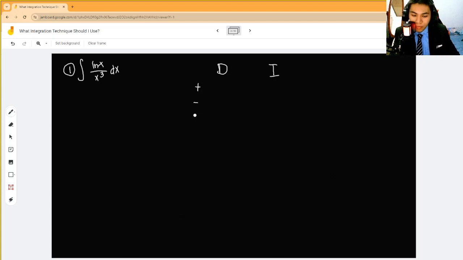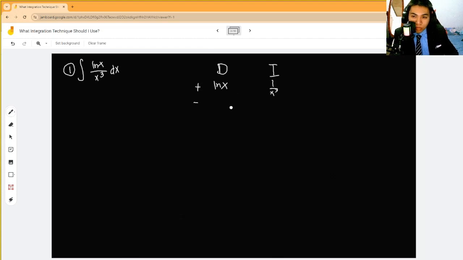This makes it easier. Okay, so we will differentiate ln x, and we will integrate 1 over x cubed, since we just took out the constant 1 from that.